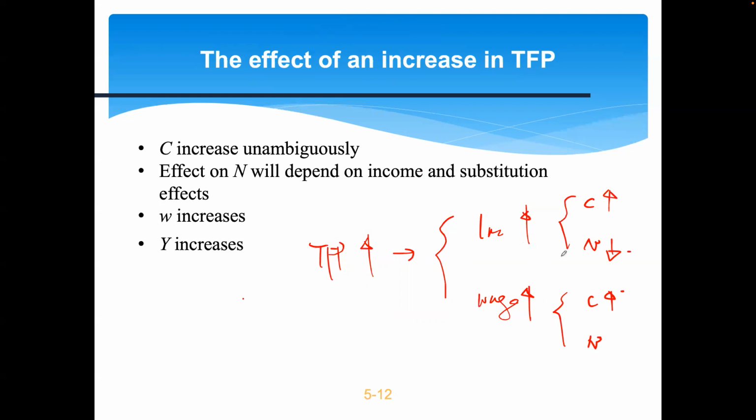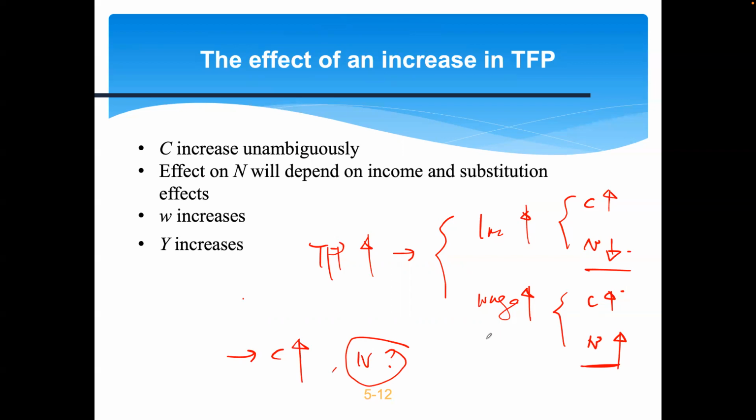Income increase means leisure is going to increase, right? And the wage increase means you don't want to take leisure because leisure becomes expensive, so labor supply is going to increase. So C will increase, but N is a question mark, depending on which effect dominates.